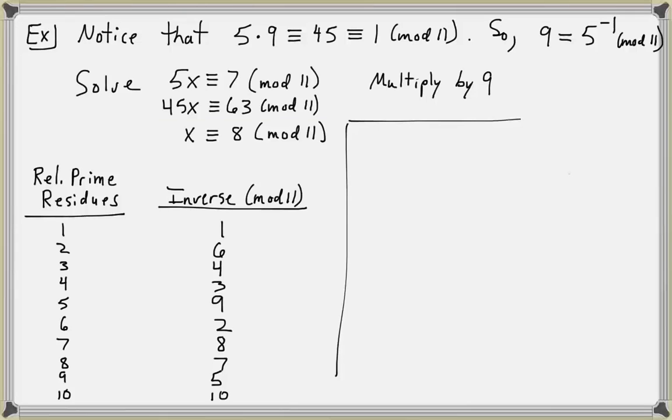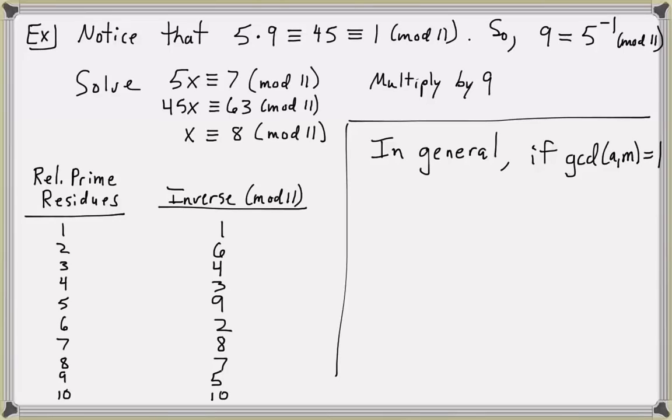So in general, if the greatest common divisor of A and M is 1, then A has a multiplicative inverse mod M, and the congruence AX is congruent to C mod M is solvable.